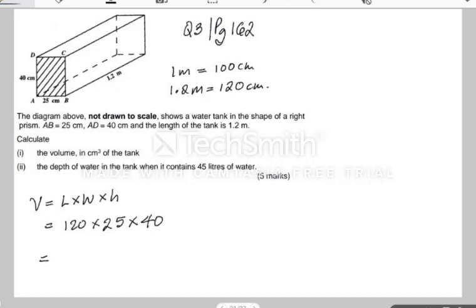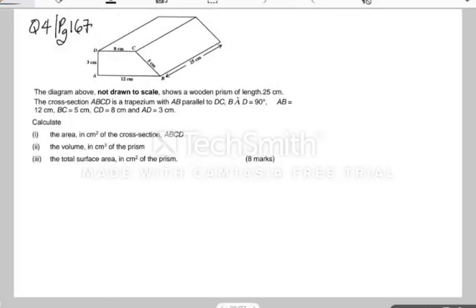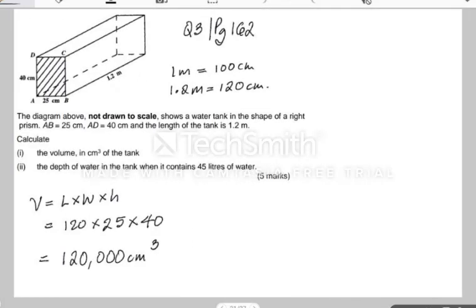We have 120,000 centimeters cube. So the volume of the tank is 120,000 centimeters cube.